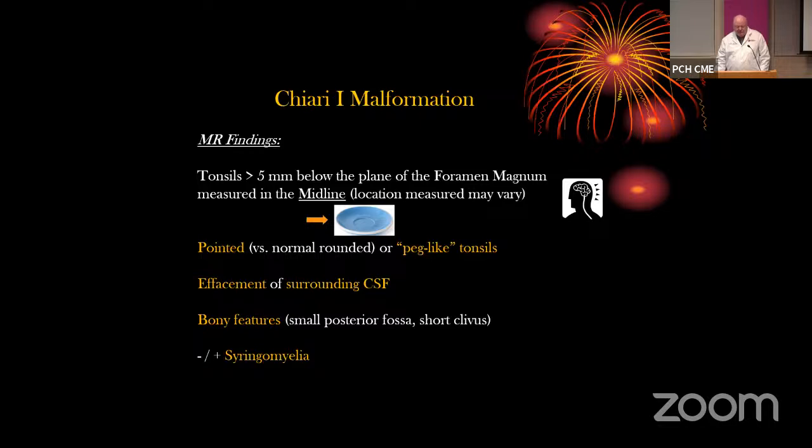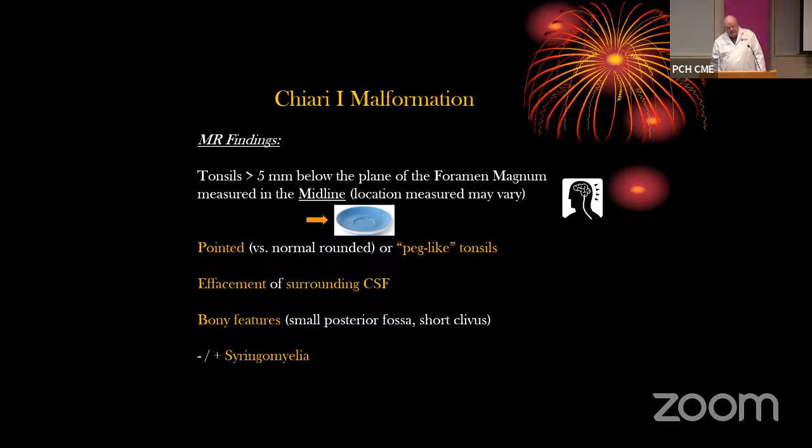Usually it's best to do it in the midline because the base of the skull is actually sausage shaped. It's not flat. So if you go off midline, the foramen magnum may lift up slightly and you may not be able to get a consistent measurement from scan to scan. The tonsils are usually pointed, and effacement of the CSF, we mentioned bony features.